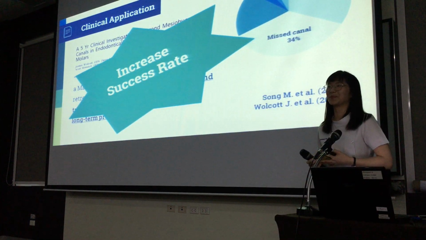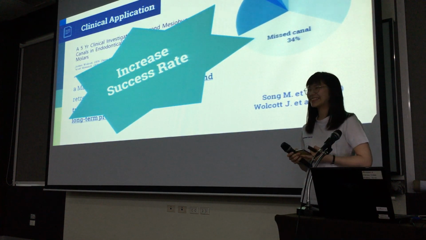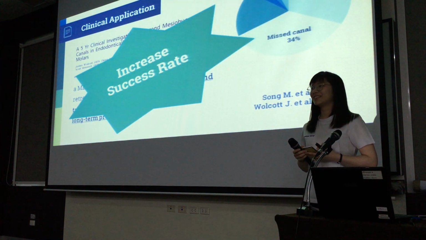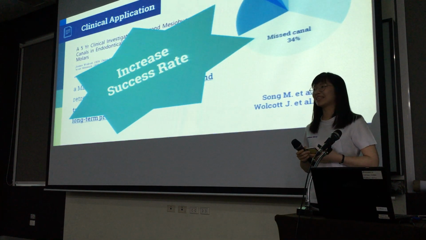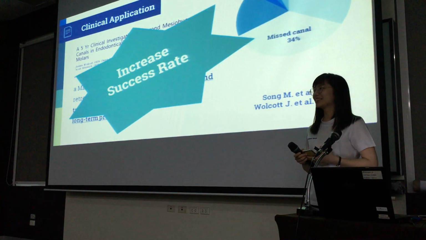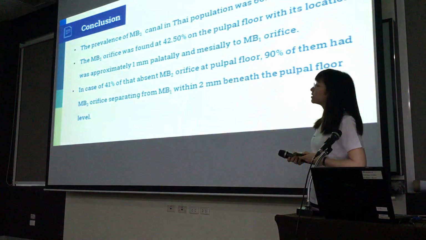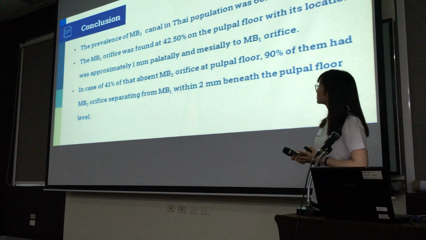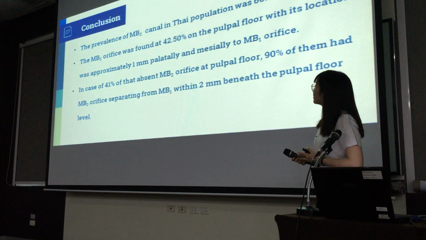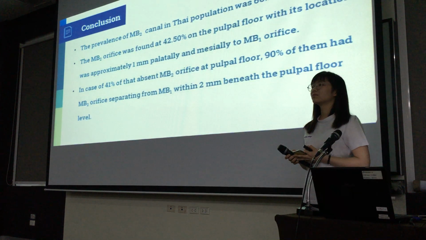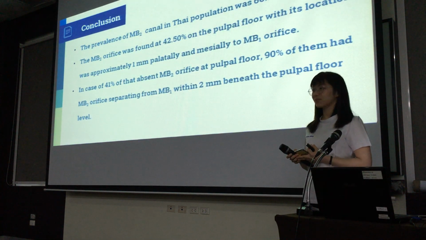Thank you very much for your nice and clear presentation. Good result. You said that around 40% of the time the MB2 orifice didn't show at the pulpal floor, right?